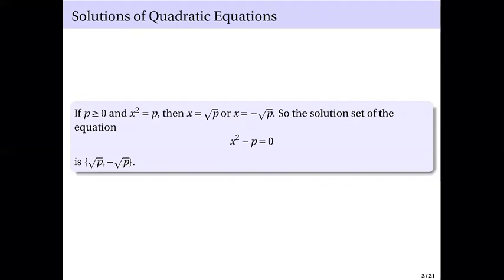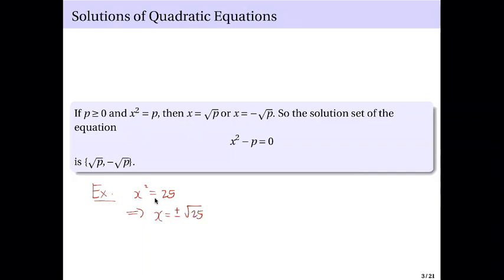If you remember one of the examples that we discussed last time, I'll just put another example in here. So for example, x squared equals 25. This means that the solutions are x equals plus or minus square root of 25.